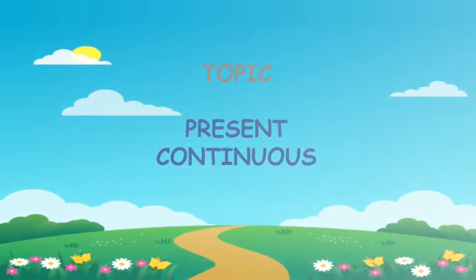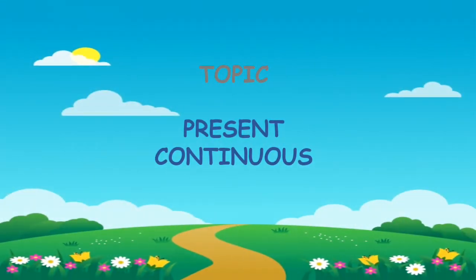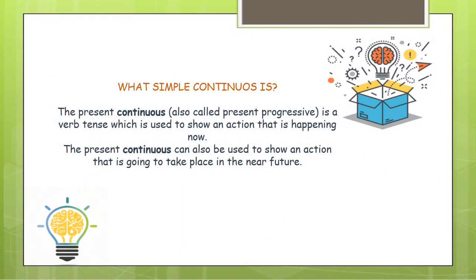Now, here we have the topic for today's class, which is present continuous. Okay, but what is present continuous? The present continuous, also called present progressive, can be called present continuous or present progressive. Both are correct. It is a verb tense which is used to show an action that is happening now or at the moment.